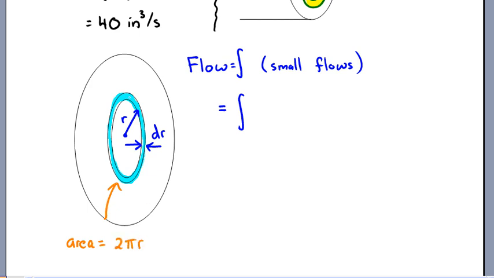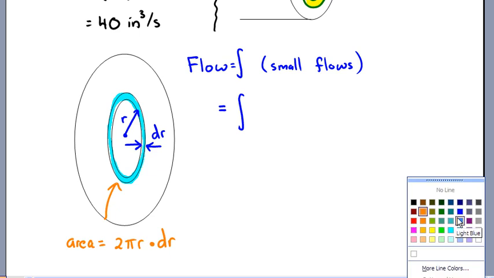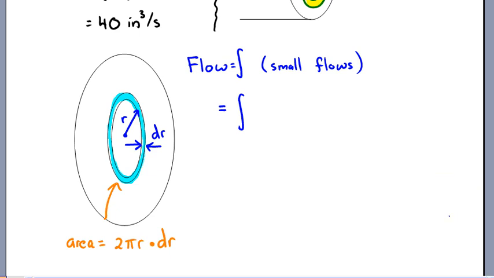That's how far it is to walk around this little sidewalk, multiplied by how wide the sidewalk is. That would be dr. Okay, here we go. When I go to add up these small little flows, those flows are just going to be areas multiplied by velocities.